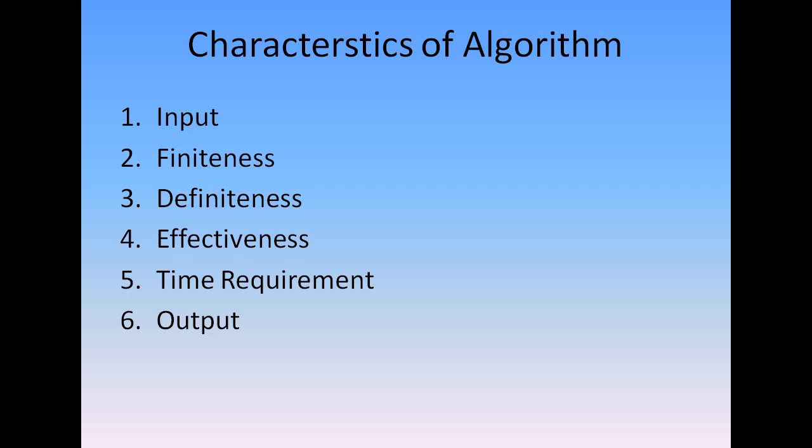Next, why is the decimal number system so called? Decimal number system is so called because it has 10 unique digits 0, 1, 2, 3, 4, 5, 6, 7, 8, 9 and its base is 10.